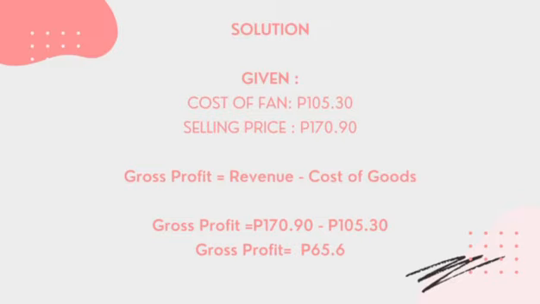So in this case, since the cost of the fan is 105 pesos and 30 cents, while the selling price is 170 pesos and 90 cents, we will be deducting 105 pesos and 30 cents from 170 pesos and 90 cents. So we can get the 65 pesos and 60 cents gross profit.